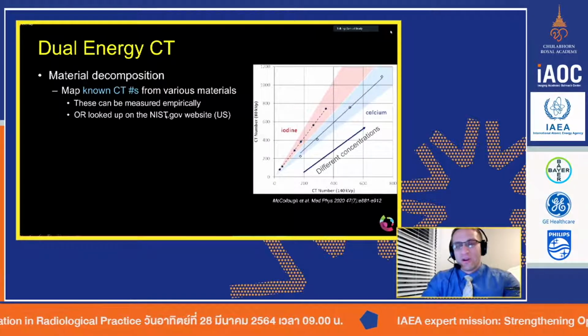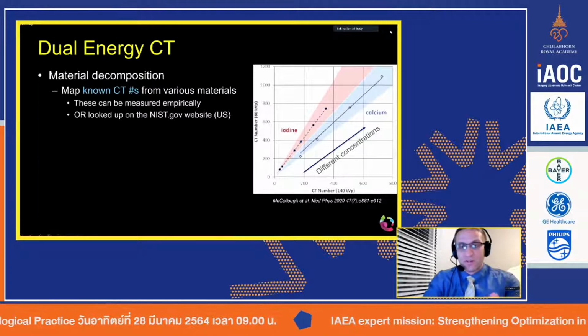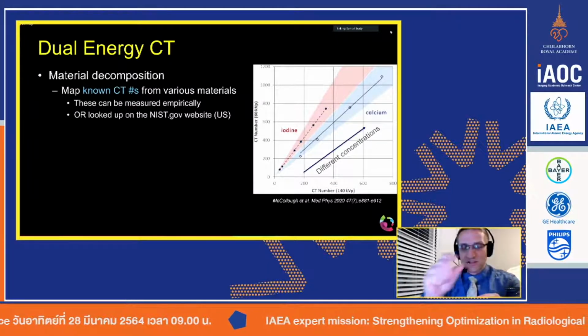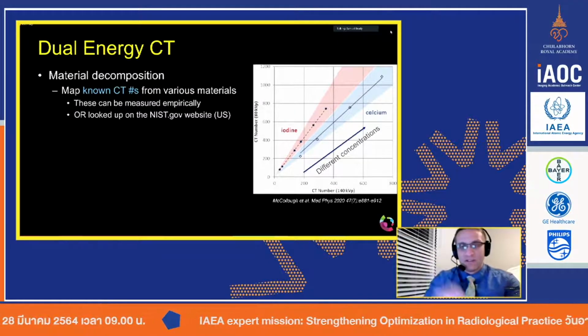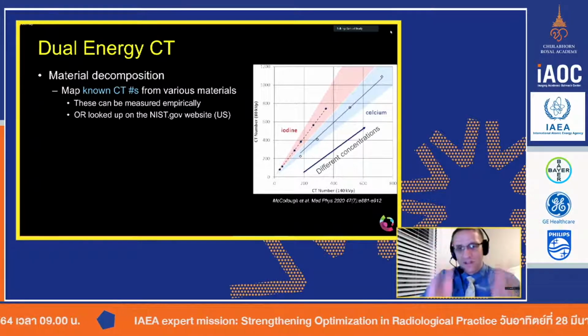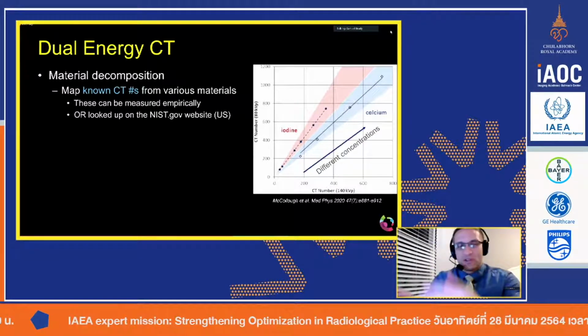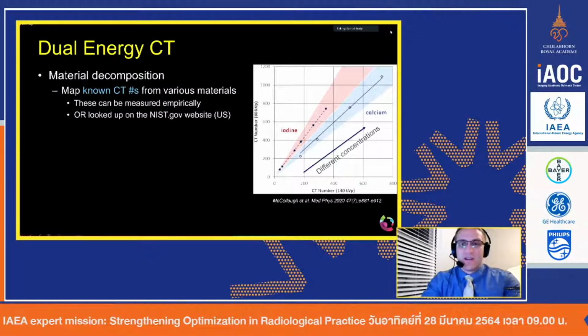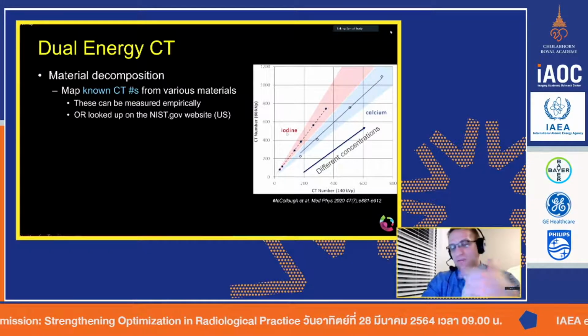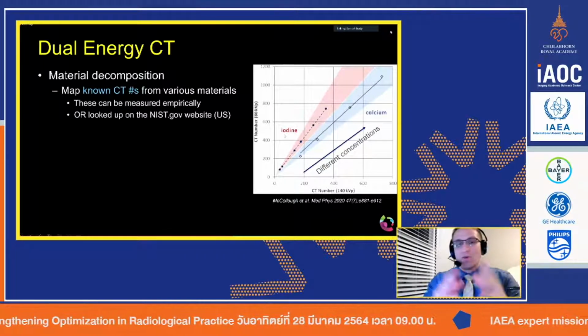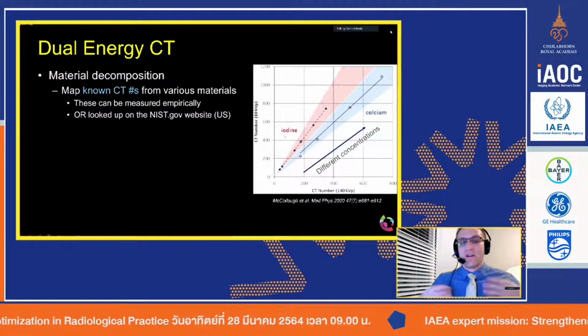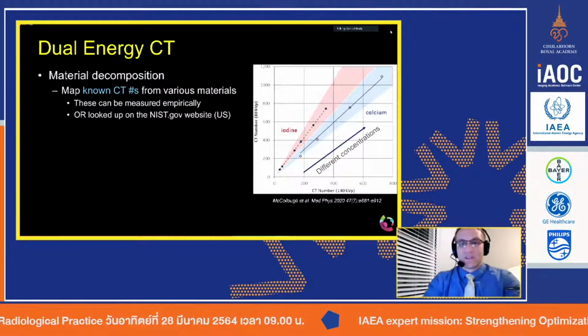And you can go on and they've already done all of this work. They've looked at how different concentrations of iodine behave at different energies, and they have all of the curves and all the tables. And so you can just take the numbers and put them into the CT scanner. And you can do this obviously for iodine, calcium, you could do it for gadolinium, you could do it for whatever you want to measure in the body, as long as there's enough of a difference.